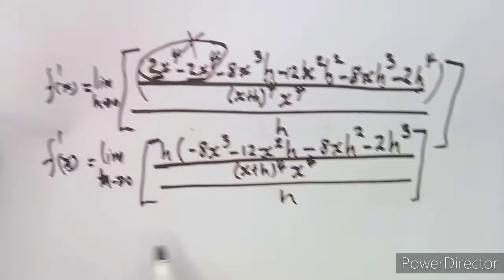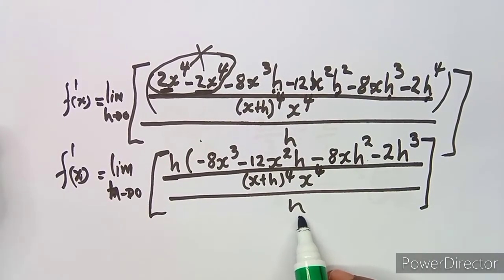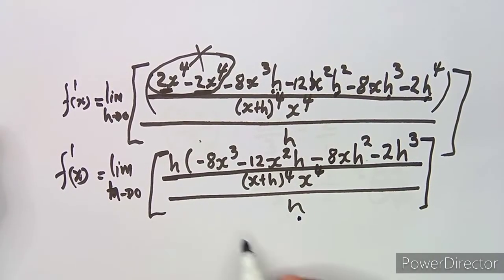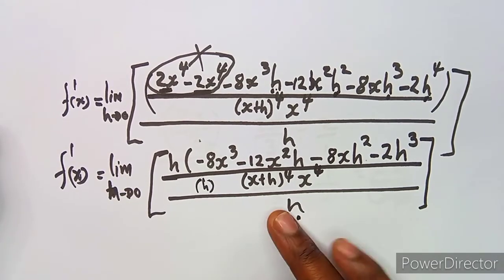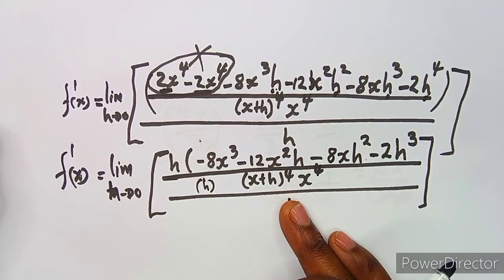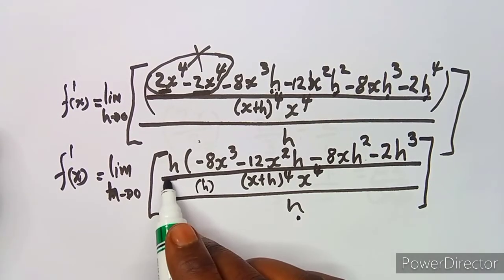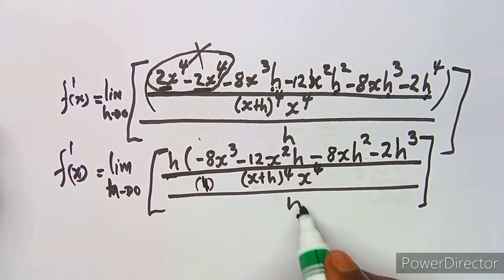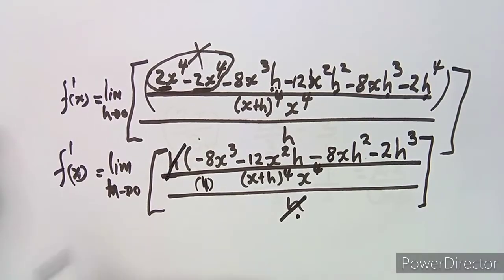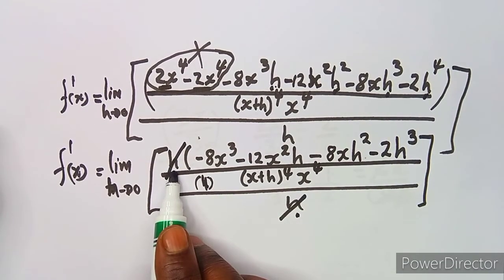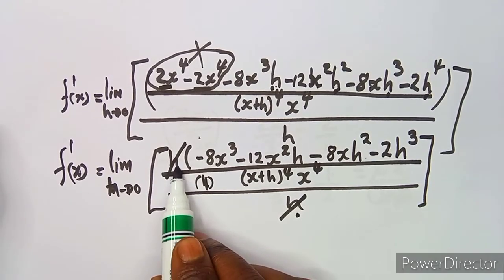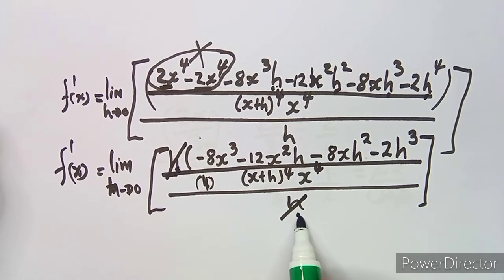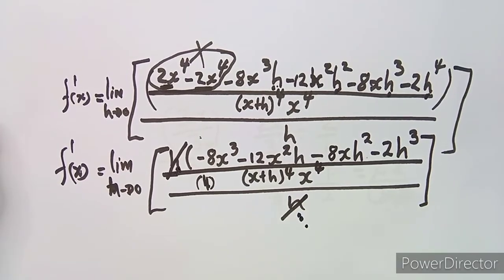It is the same effect with this h here. This h that you are seeing in this denominator is the same as if it was written like this, not like this. So it's one and the same thing. So this h can cancel with this h. It's the same effect because it's outside of the bracket and it's on the numerator. So take note, this h is in the numerator, this h is in the denominator. So these two can cancel each other.